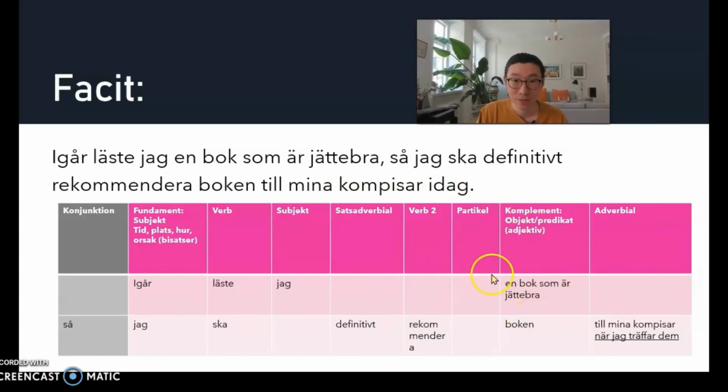Objekt. Så, konjunktion, så, so. Jag ska definitivt, definitely, sats eller verbial. Rekommendera, verb 2. Boken, objekt. Till mina kompisar när jag träffar dem, adverbial. Har du gjort korrekt? Did you do it right?